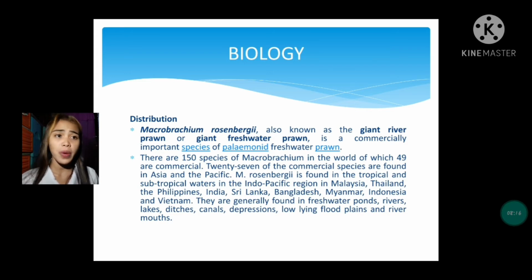Macrobrachium rosenbergii is found in the tropical and subtropical waters of the Indo-Pacific region: Malaysia, Thailand, the Philippines, India, Sri Lanka, and other countries, maybe because its species can easily adapt to the environment and grow easily, unlike other species when you export or transfer them.